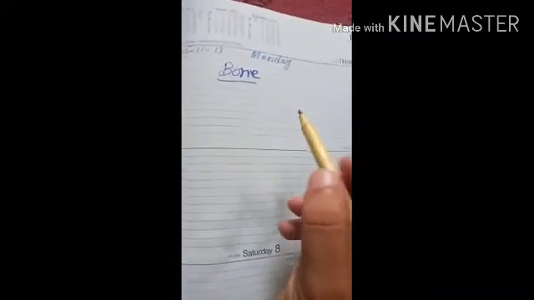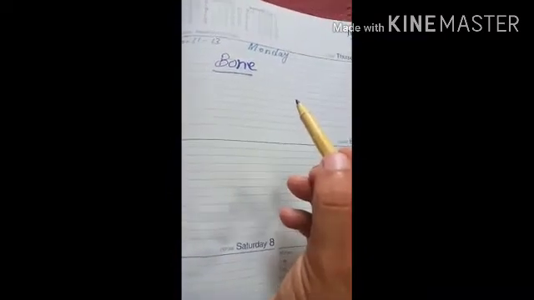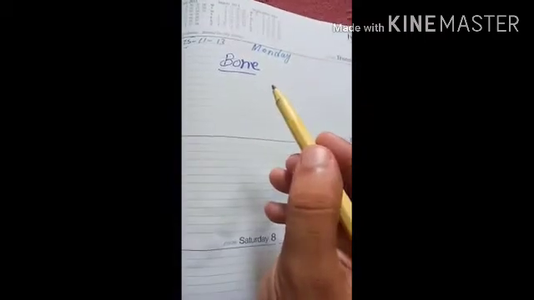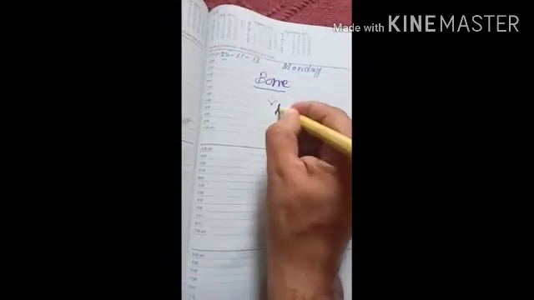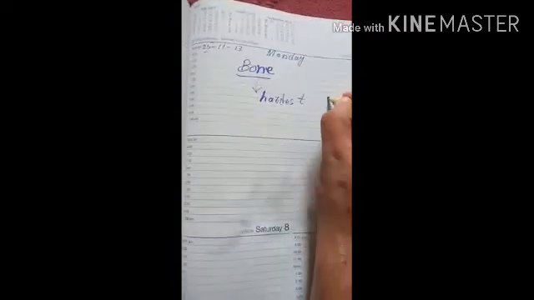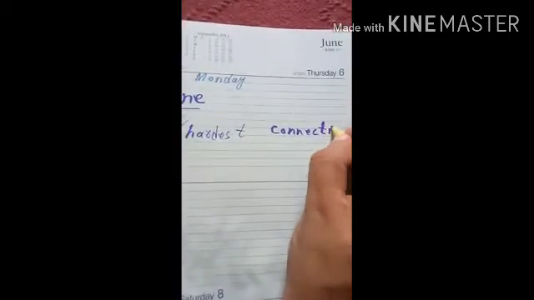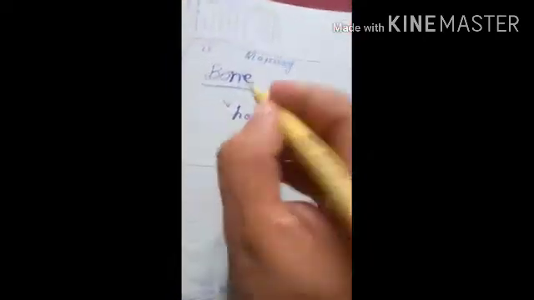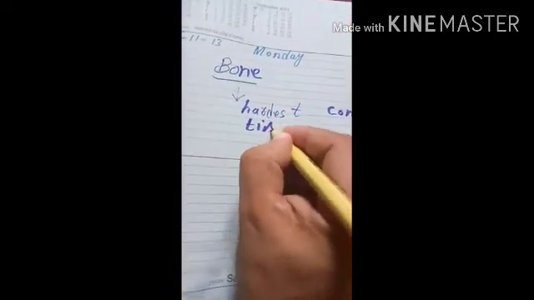Now we will discuss bone, which is another component of the skeletal system. Chapter 13, Class 10, Biology. Bone is the hardest tissue present in the human body or the body of other animals. It is the hardest connective tissue present in the body.